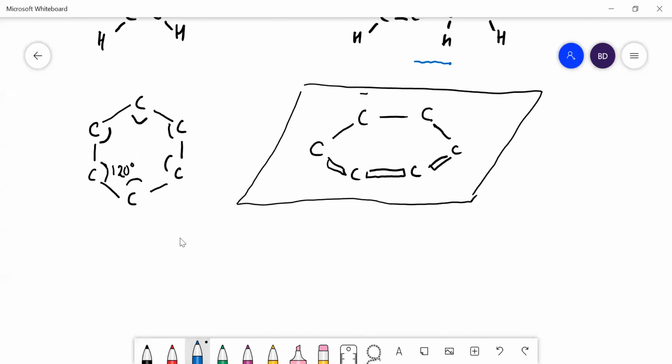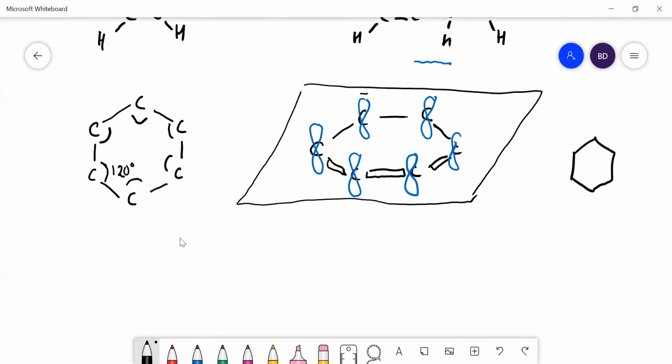And we have p electrons on every single carbon, because we're forming alternate single and double bonds. Don't forget that's what we're saying, alternate single and double bonds. So each carbon has unhybridized p electrons. They don't form 3 separate pi bonds, they form a whole delocalized system.